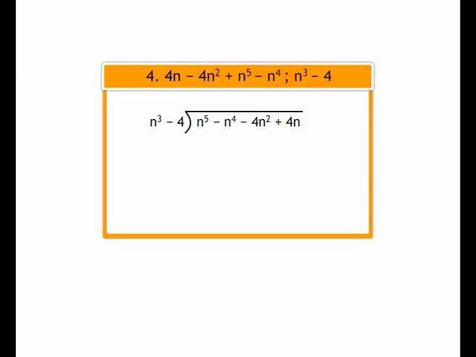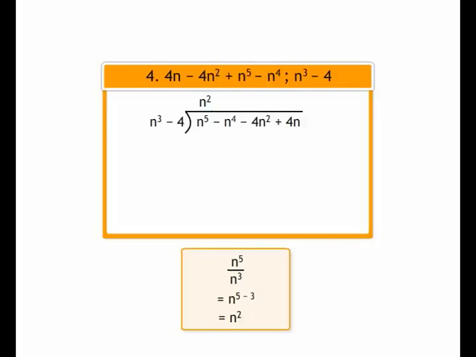That is n raised to 5 upon n cube, which is equal to n raised to 5 minus 3, as per the rule of the indices, which is equal to n raised to 2, and this becomes the first part of our quotient. Now we will write n square as the first part of the quotient above the line.